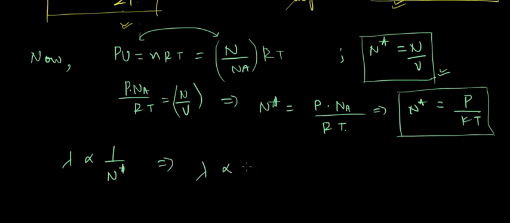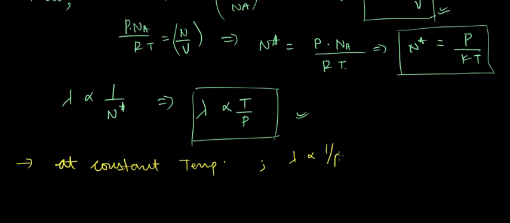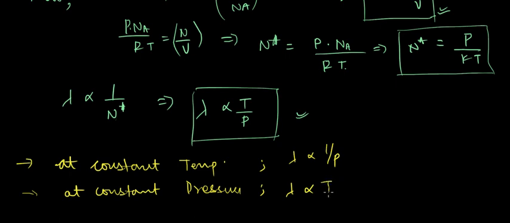As n star is proportional to P by T, lambda would be proportional to T by P. We can write from this that at constant temperature, lambda would be proportional to 1 upon P, and at constant pressure, lambda would be proportional to T. And what about at constant volume?